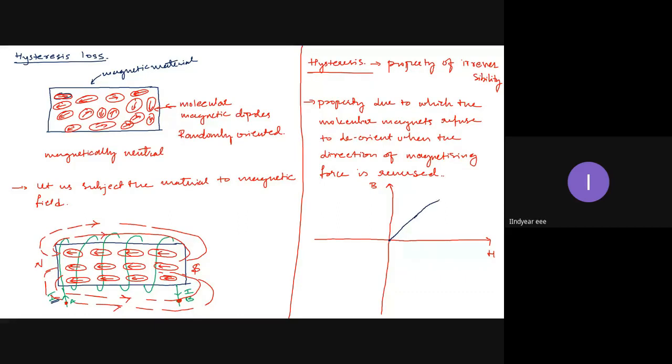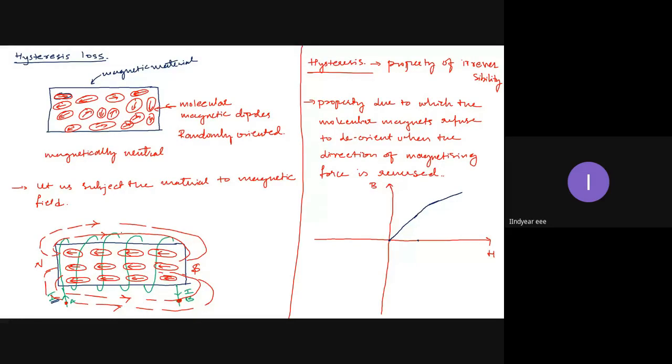Up to a certain point it is linear; after a certain point it starts flattening. Then when I further increase the magnetizing force, when I further increase this current, the majority of the molecular magnets have oriented. Very few are not oriented. Further, the magnetic field tries to remain constant.